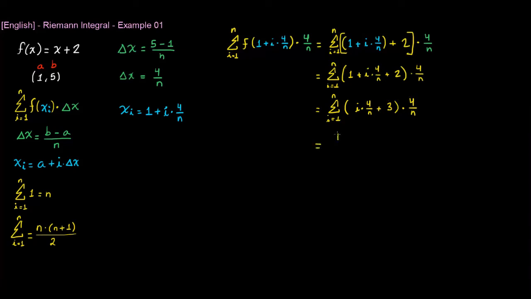So the summation from i equal to 1 until n would be i times 16 over n squared plus 12 over n. There it is, looks nicer.